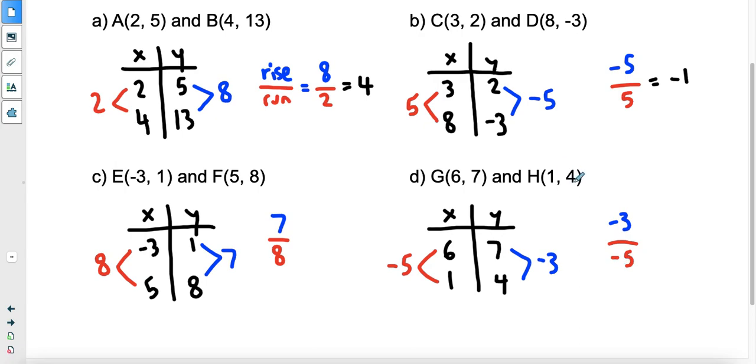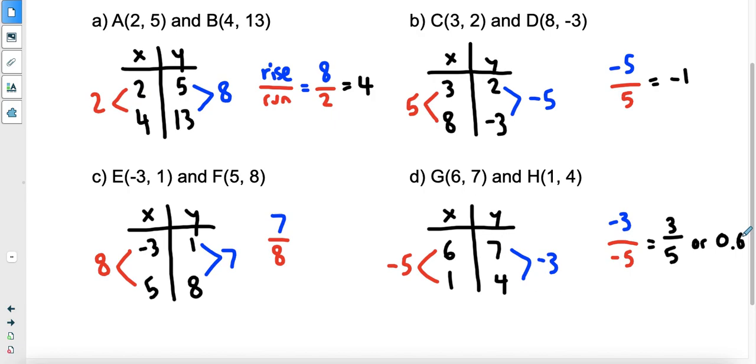I'm dividing a negative number by a negative. If I divide a negative by a negative, that becomes a positive. So I could also write this as positive 3 over 5. And if you check using your calculator, 3 over 5 is also the same thing as 0.6.